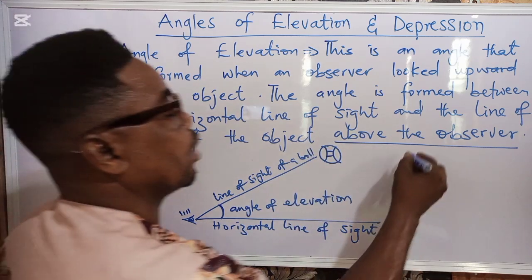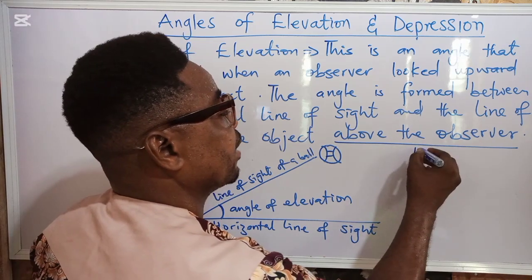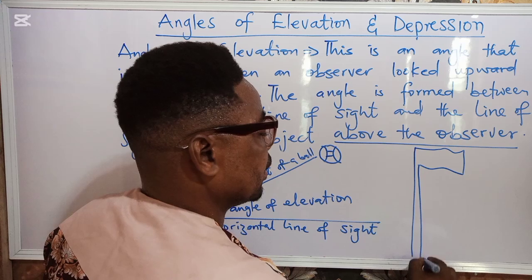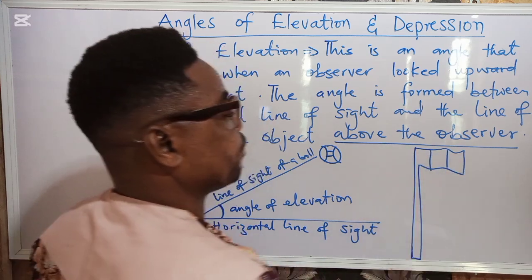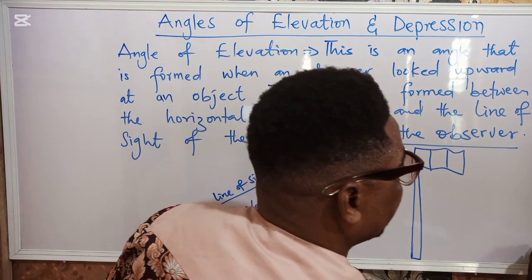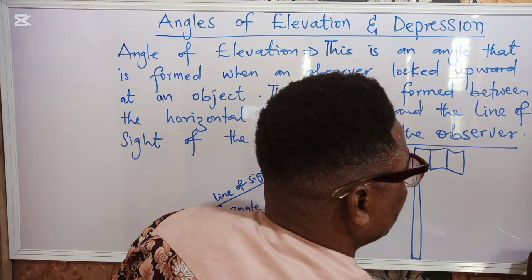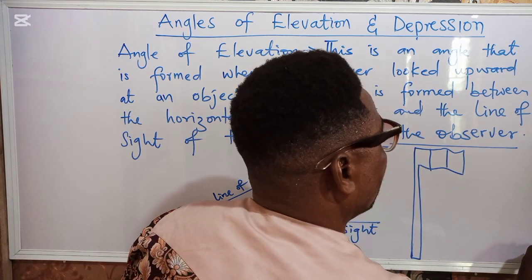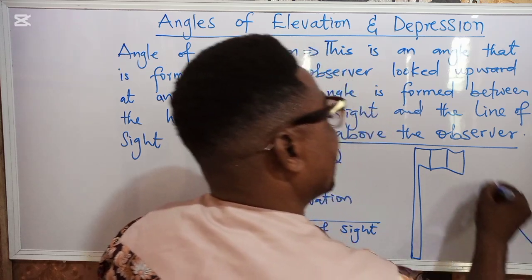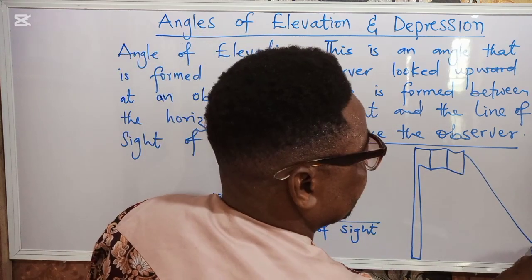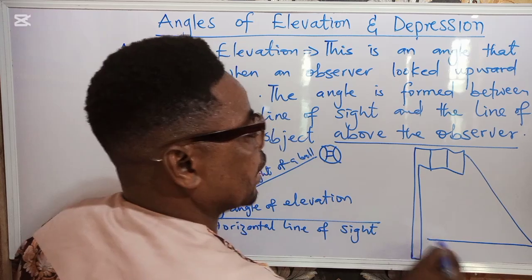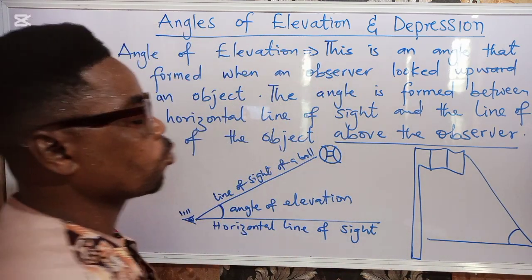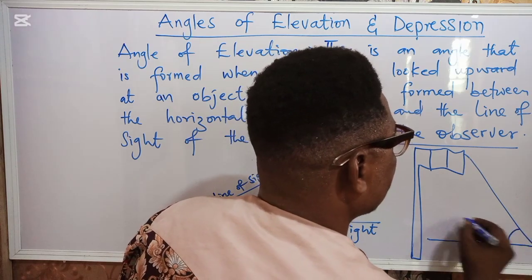Okay, let's look at it now. This is another one. A flagpole like this. This is a flag. And a boy here looked at the top of the flag this way, and this is the horizontal level of sight. So the angle here is angle of elevation.